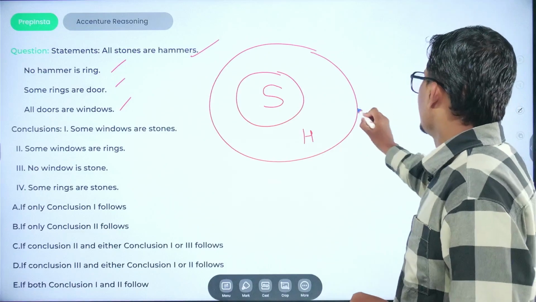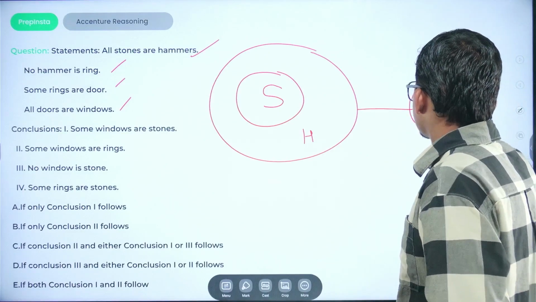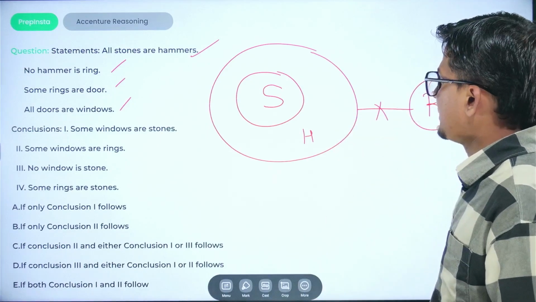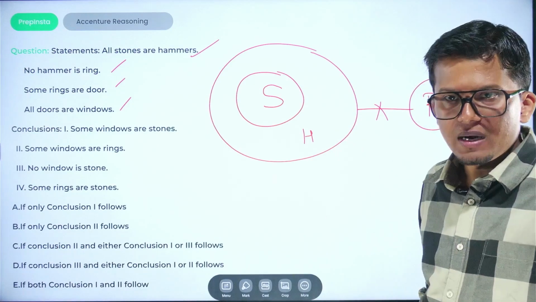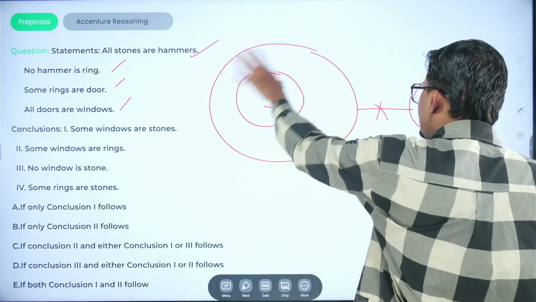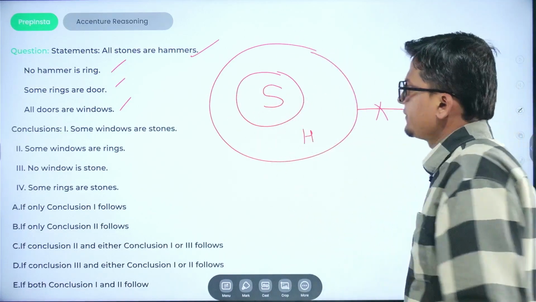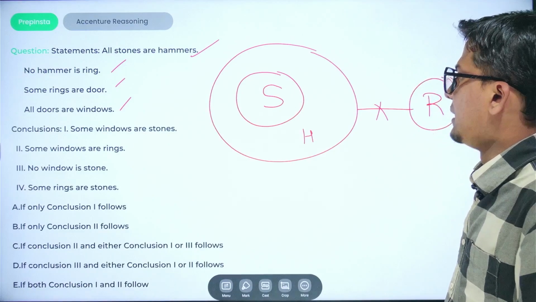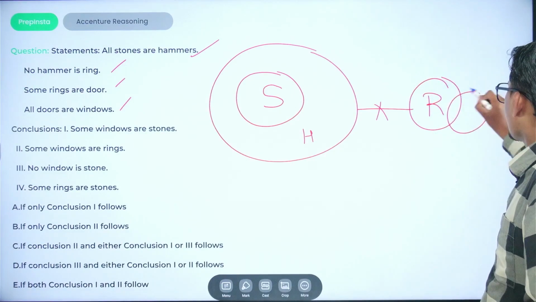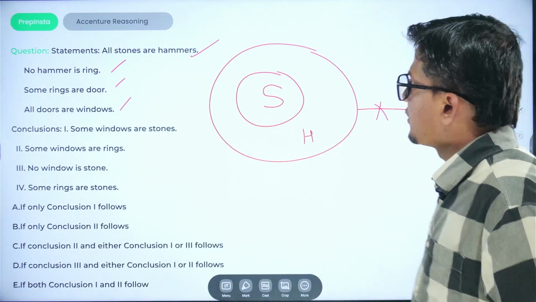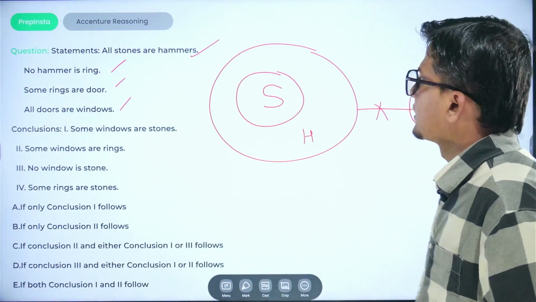No hammer is a ring. That means there would be no intersection of the elements of hammers with the elements of rings. There would be no common part, right? All the elements are distinct and none of the elements of hammer can be interrelated with rings. Some rings are doors. So some part of rings can be doors as well. That means there would be overlapping of rings and doors.